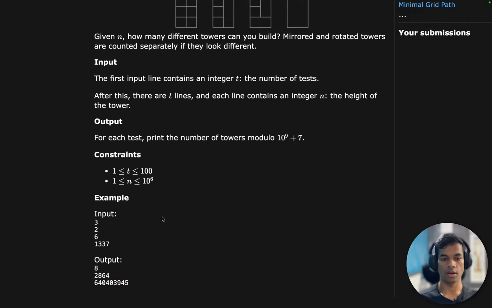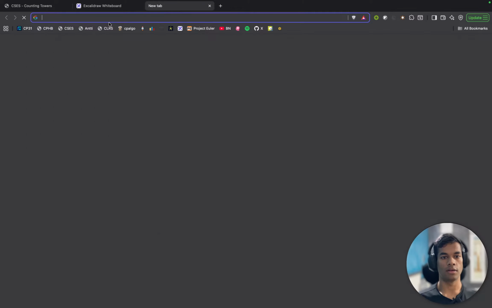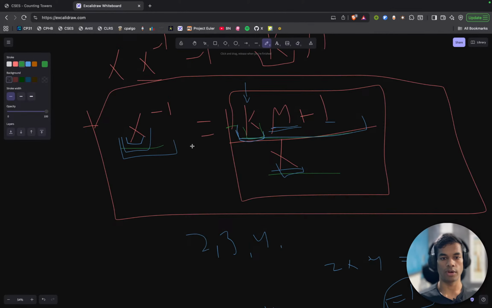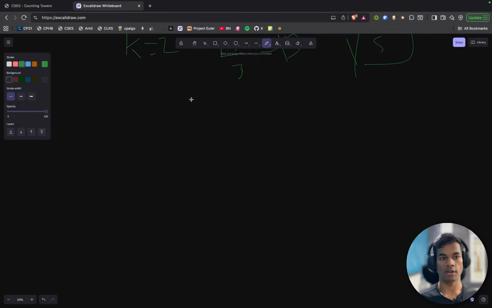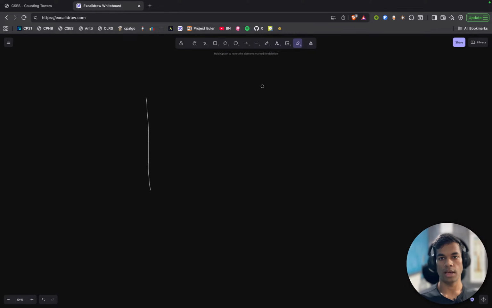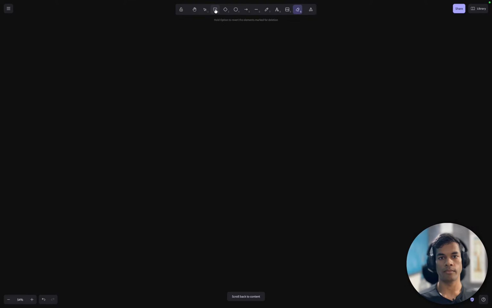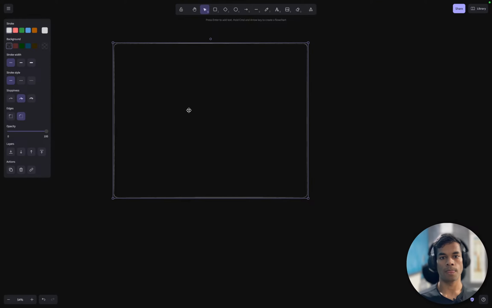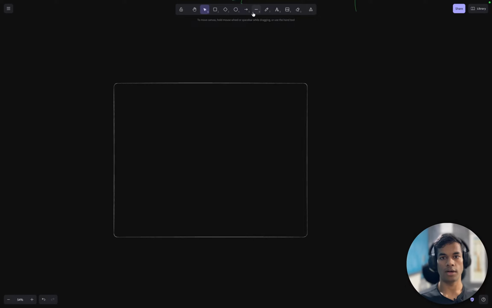So let's see. What do we have? We have to figure out what our choices are at a certain point. For n equals 2, this is our tower, which is 2-dimensional.